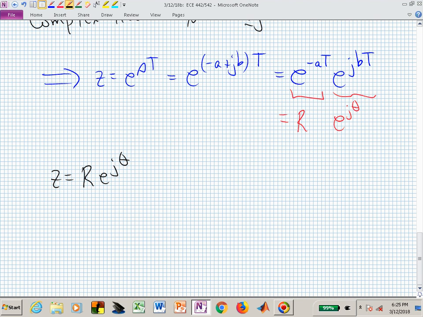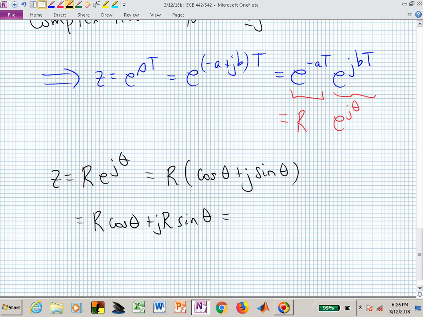And you can find those once you're given minus A plus JB. But once I have this, now I just have to remember Euler. e to the j theta is cosine theta plus j sine theta. So that's now r cosine theta plus jr sine theta.